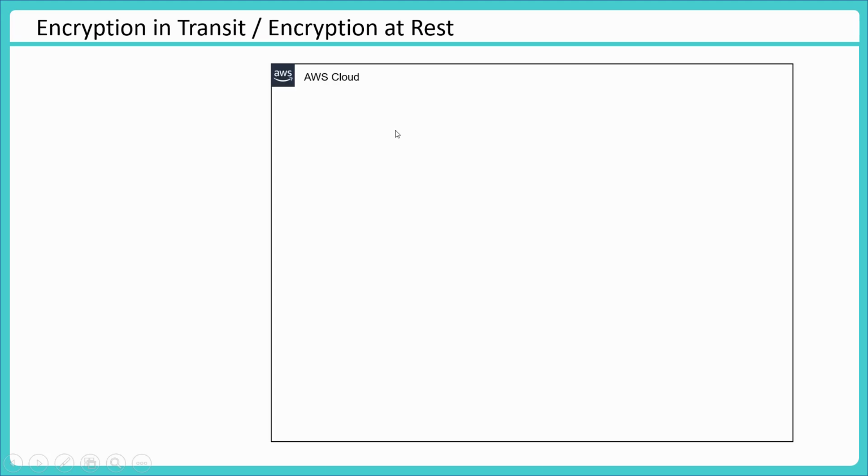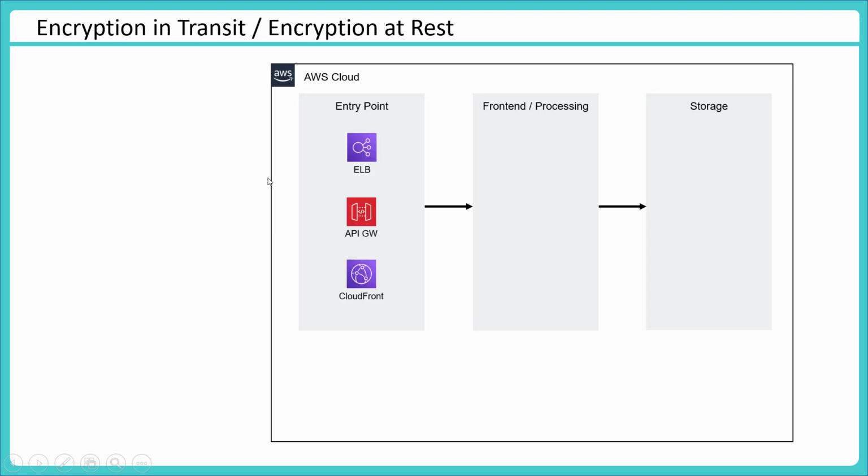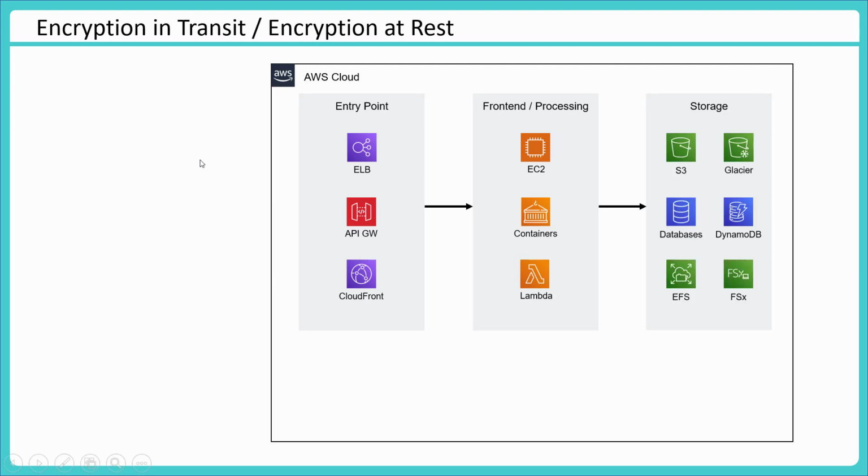So consider that we have a standard application in AWS. There is an entry point for the application, then there is some front end or processing tier, then we have storage. The entry point for your application could be a load balancer or API Gateway or CloudFront, doesn't matter. You may process this information on an EC2 or container or Lambda, and then at the back end, your storage can be on Amazon S3 or Glacier, DynamoDB, EFS, FSx, purely depends on your choice.